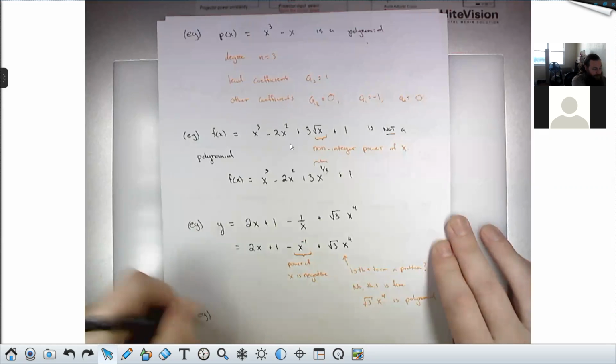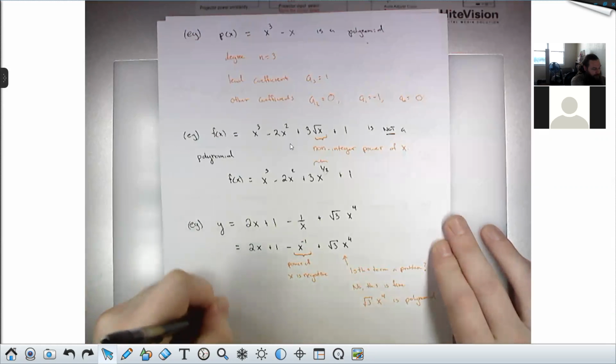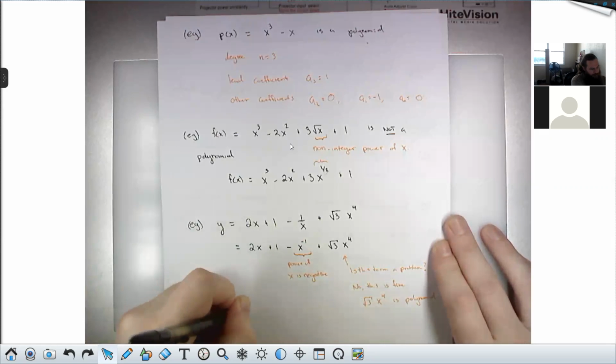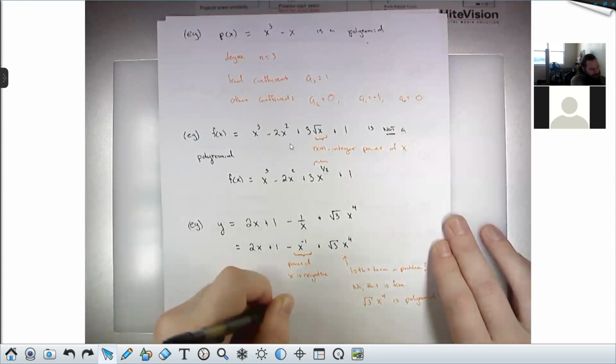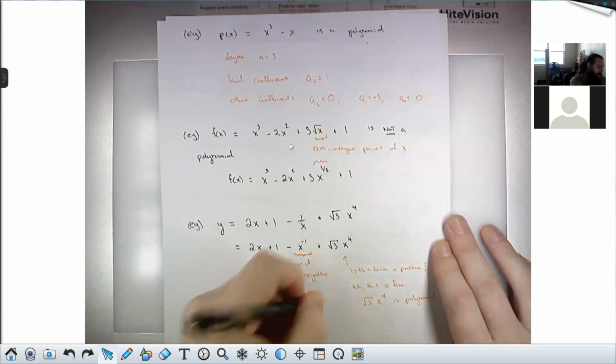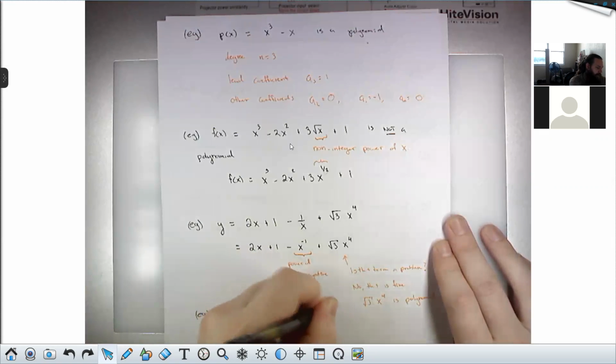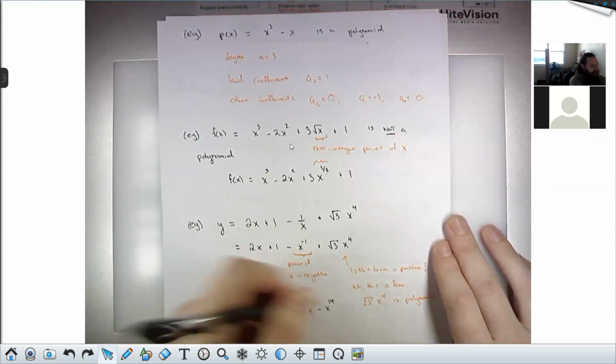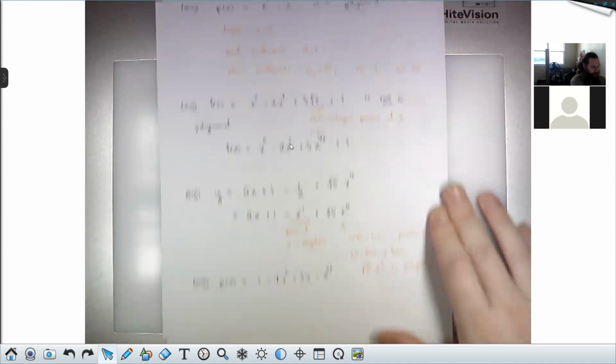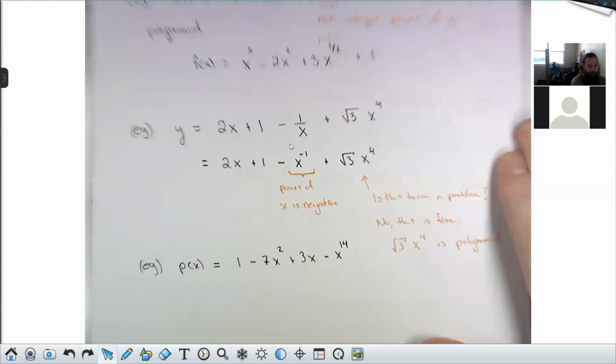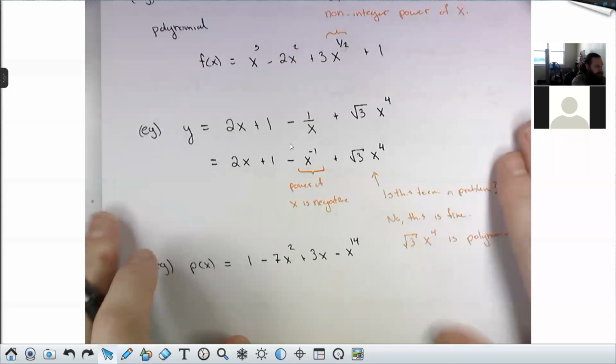The order does not matter. So a quick answer here. If I had something like 1 minus 7x squared plus 3x minus x to the 14, this is a polynomial.